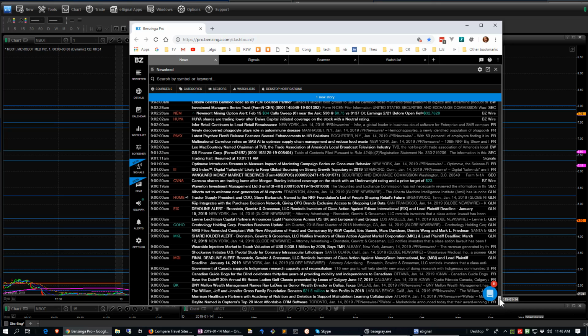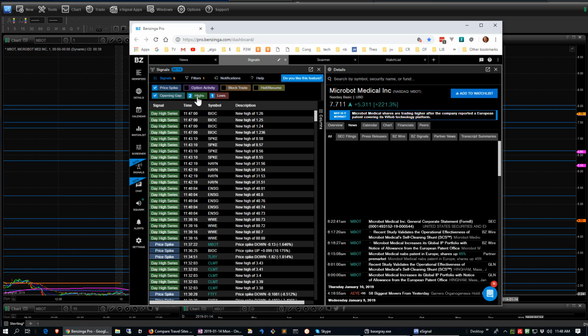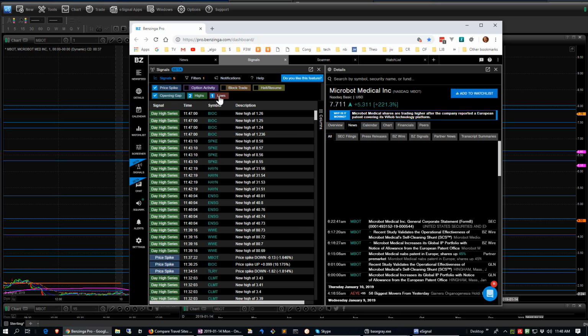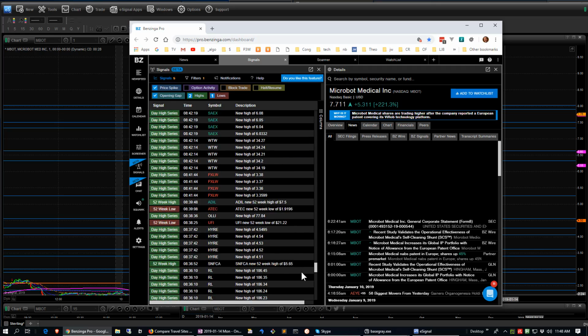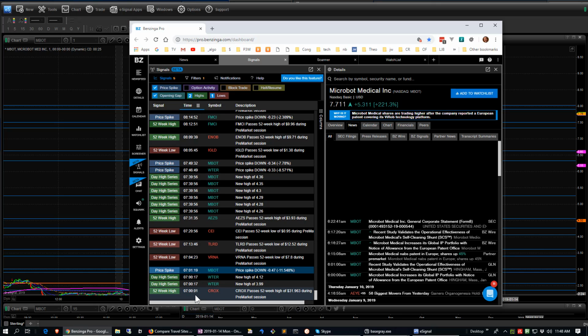The idea is to go to the 9 a.m. Well, there might be a way to screen or filter this, and likewise with signals, you can filter on lows and highs, opening gaps, price spikes, and then show up in the morning bright and early at 7 o'clock Eastern time, and just kind of nose around and perhaps even have an audible signal.